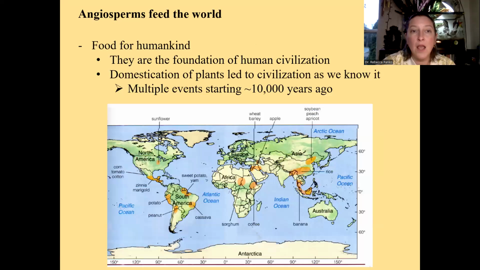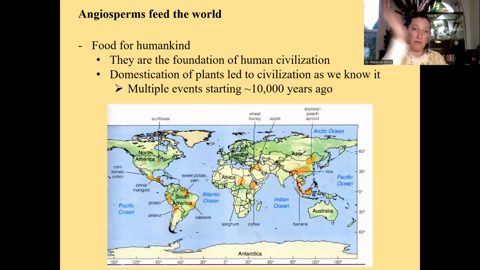Okay. We know angiosperms are super important for not only all the animals on Earth, but also us, right? In the very first class that we had this semester, we learned about how plants are food for humankind and the foundation of human civilization, and that it was the domestication of plants that allowed us to build civilizations and stop hunter-gathering, right?